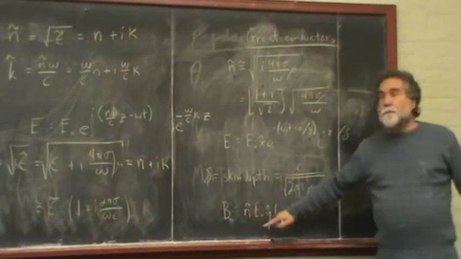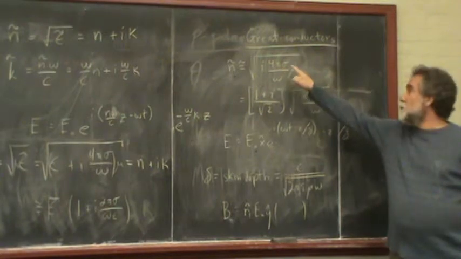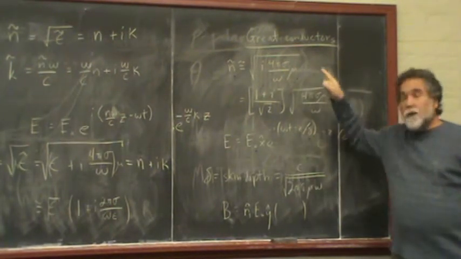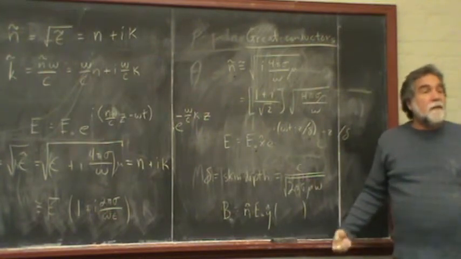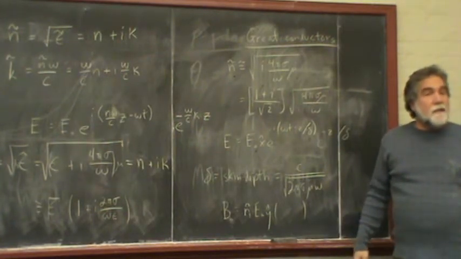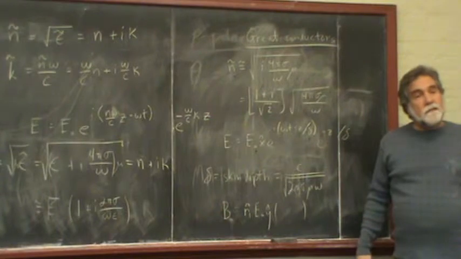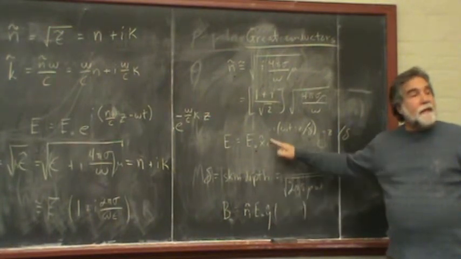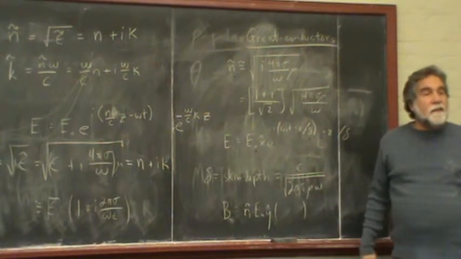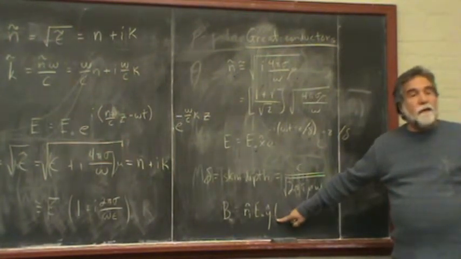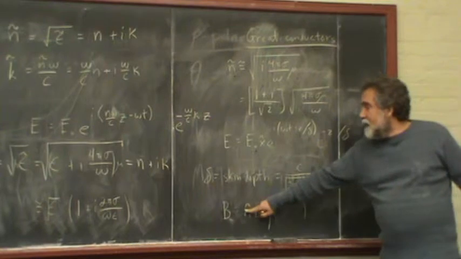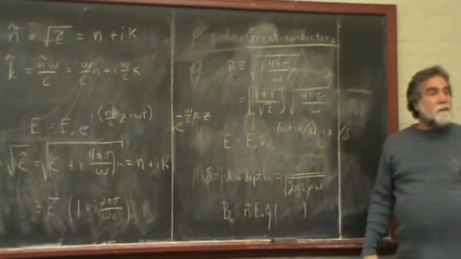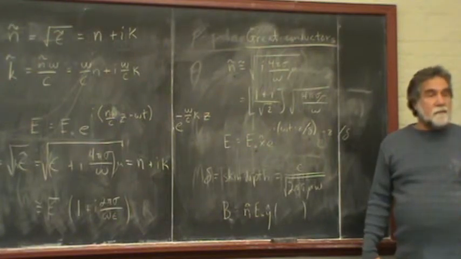The imaginary part, because sigma is big, 4 pi sigma over omega is large, that term can be very big. It's much bigger than the normal dielectric constant. It could be 100. Which tells me that for the wave that's propagating in a conductor, it's the magnetic field that's carrying all of the energy. The magnetic field is much larger than the electric field in a very good conductor.